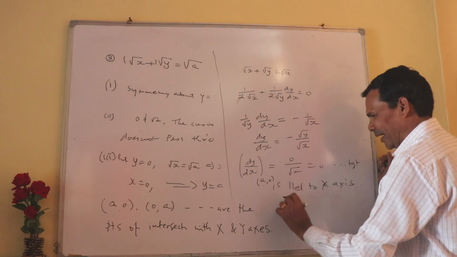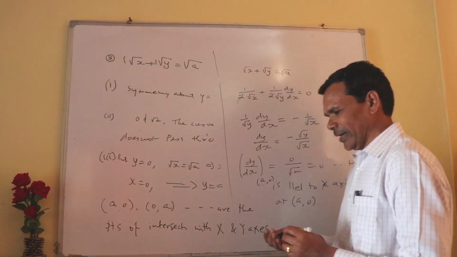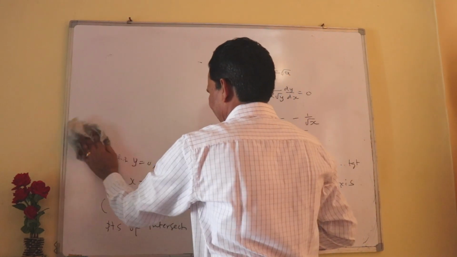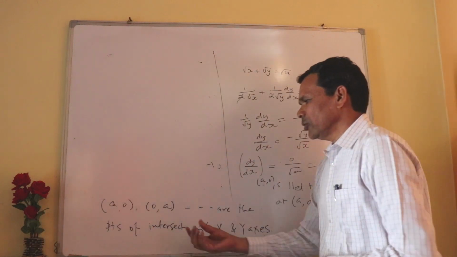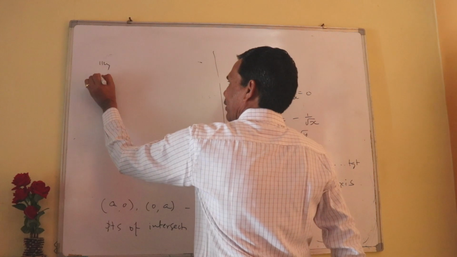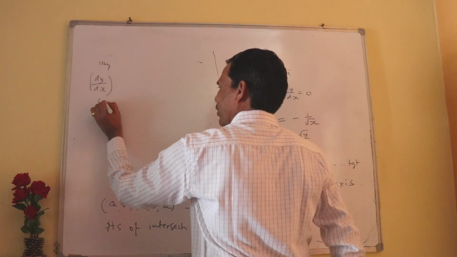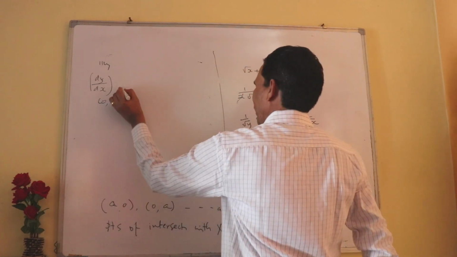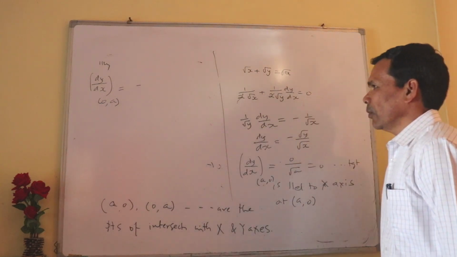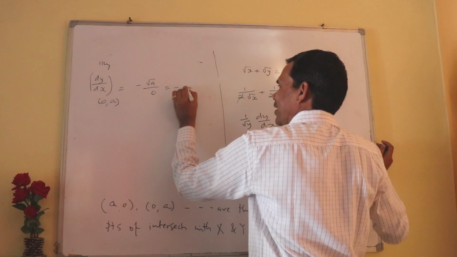at a,0. Similarly, if you try to find dy by dx at the point 0,a, then you are getting it is minus root a divided by 0, it is minus infinity.